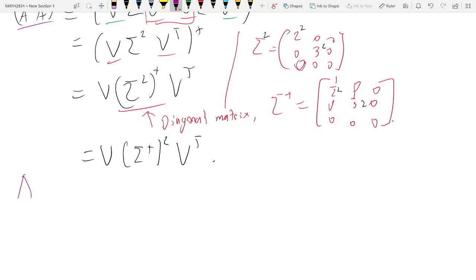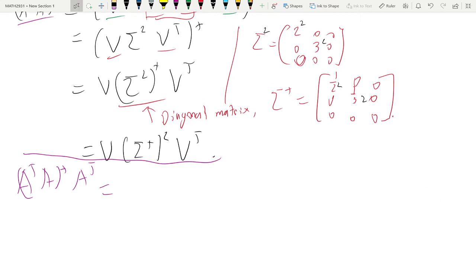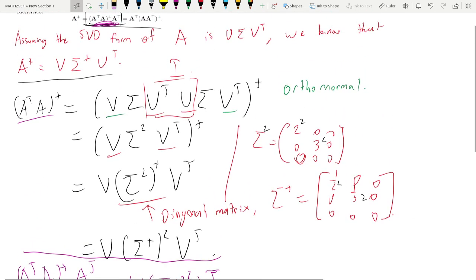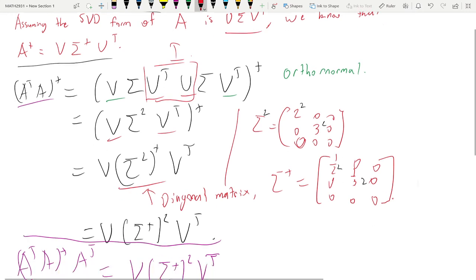So we'll do that. A transpose A plus A transpose equals, right? We just sub everything into the SVD form. So we sub in this first thing up here, so plus squared V transpose. And we remember what A was. A we defined to be U sigma V transpose.